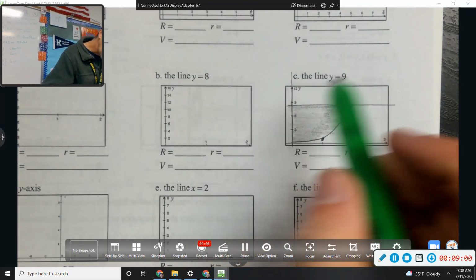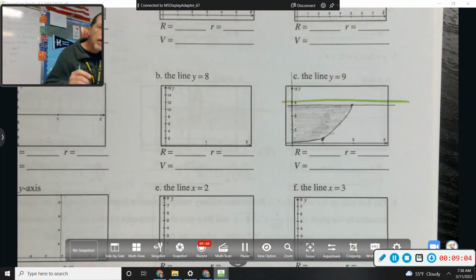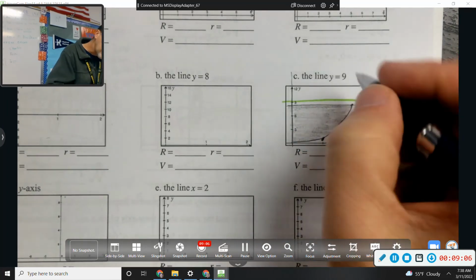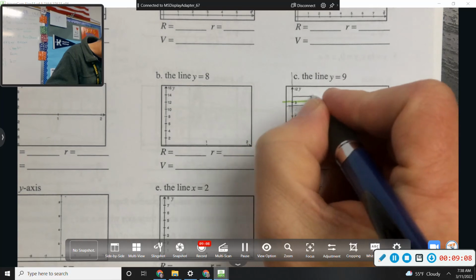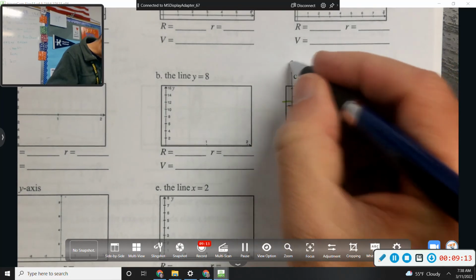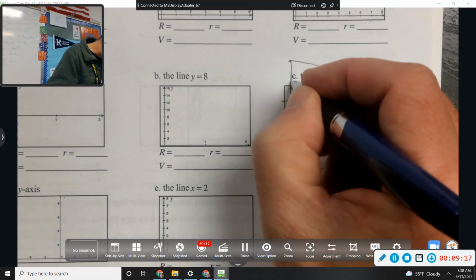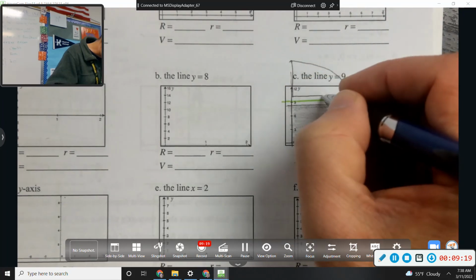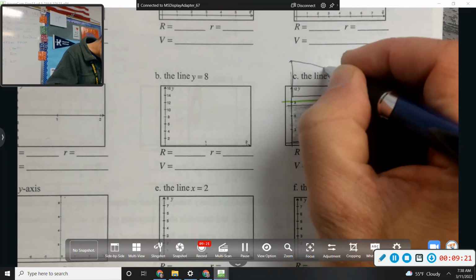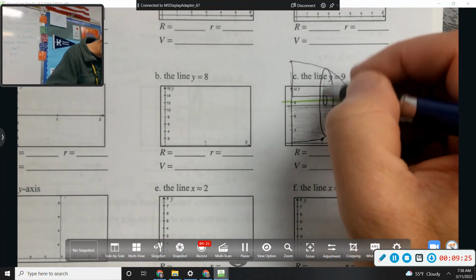So it's sort of attached to the y-axis more than attached to the x-axis. The line y equals 9. So then we've got to reflect across that. Uh-oh, this one goes off the page a little bit.